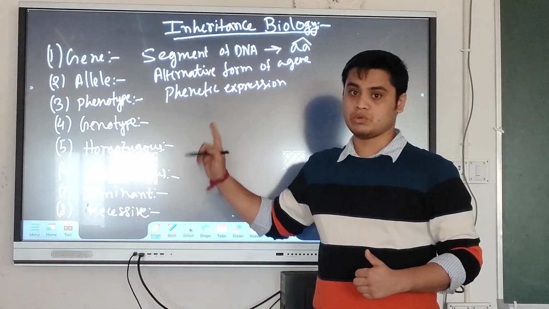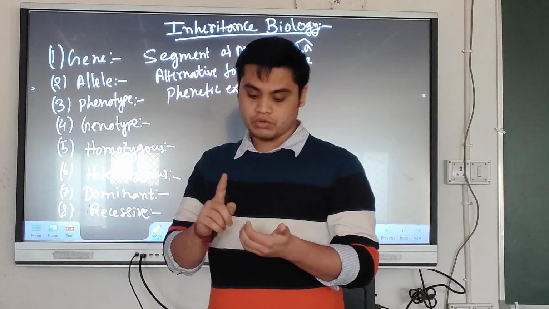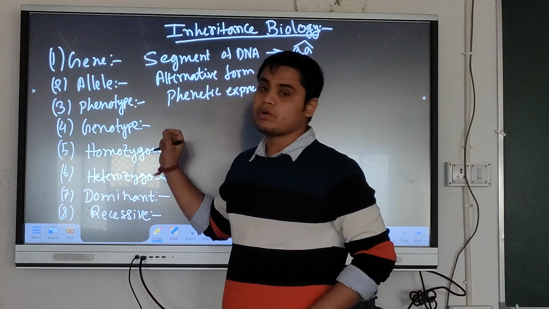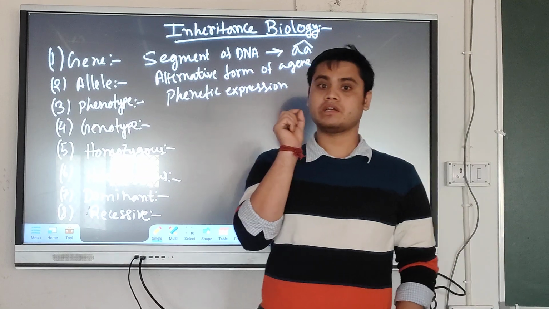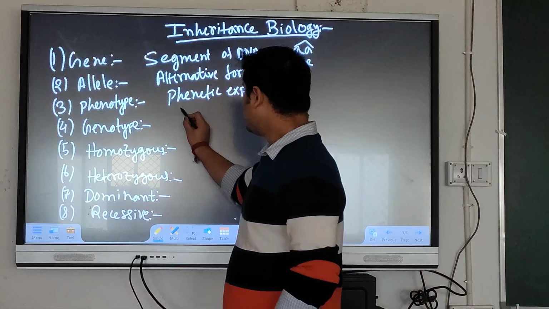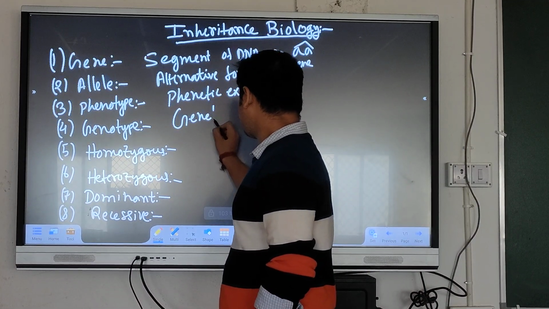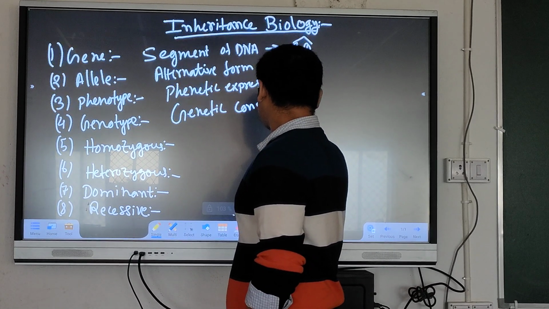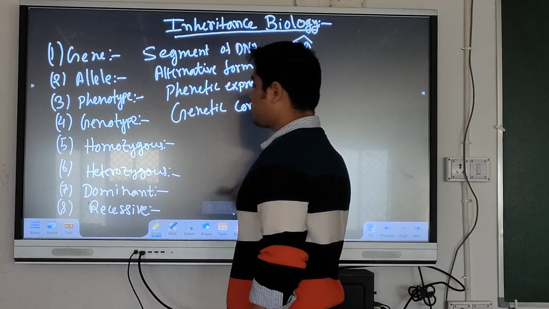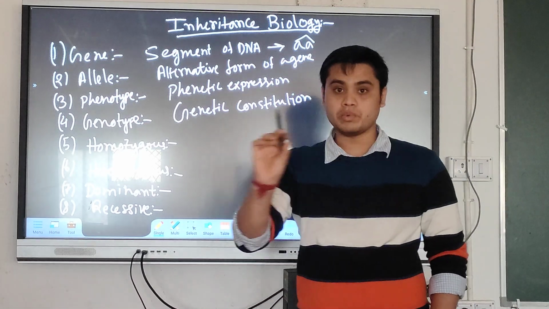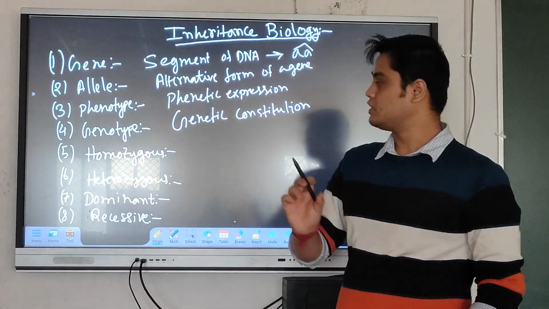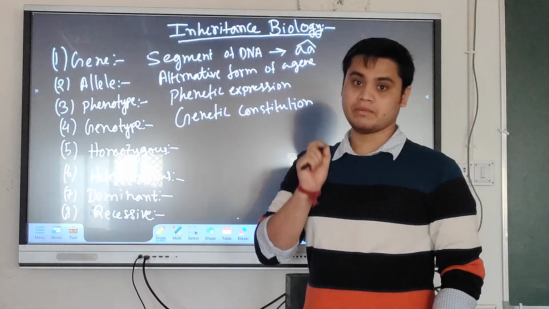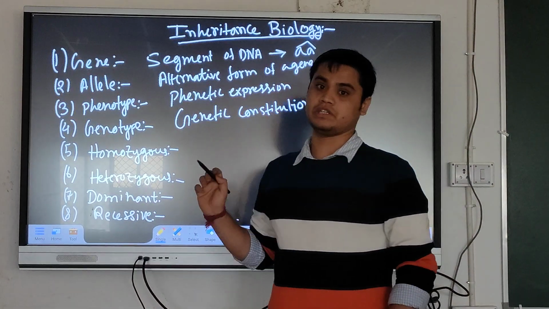Now, the next one is genotype. Before we start genotype, I have to clear one thing to all of you, that each and every phenotype needs a genetic constitution, a genetic sequence. That genetic sequence is called a genotype. That means each and every phenotype is determined by a specific genotype.